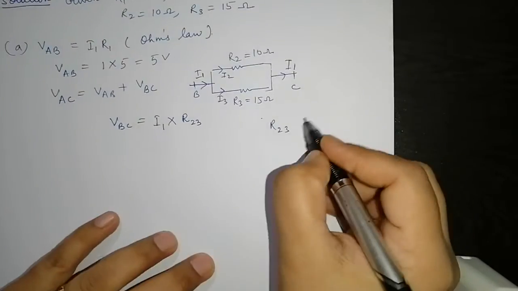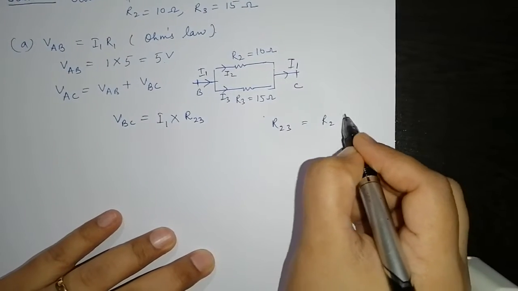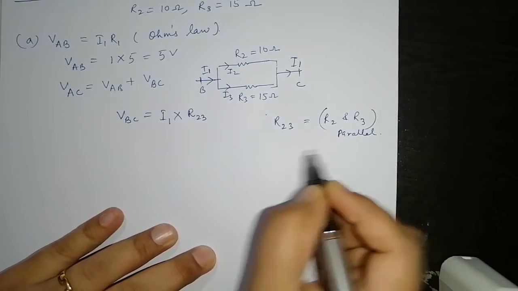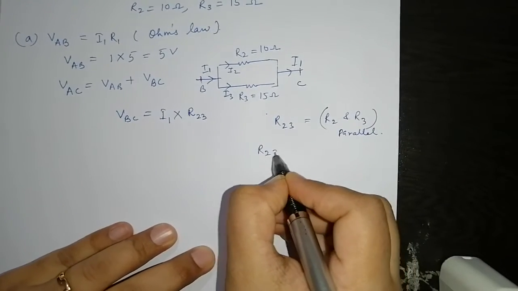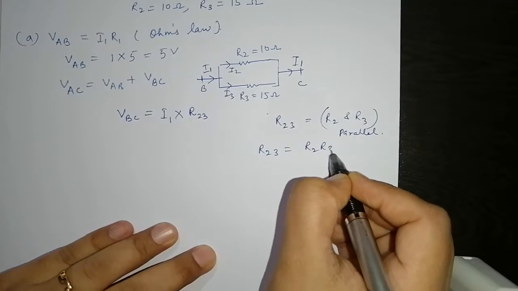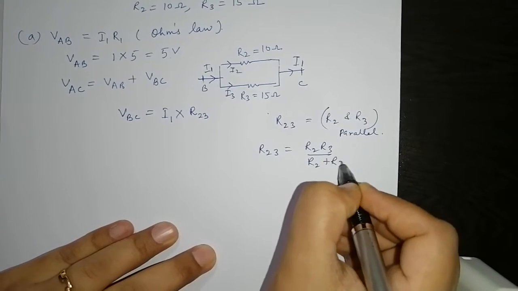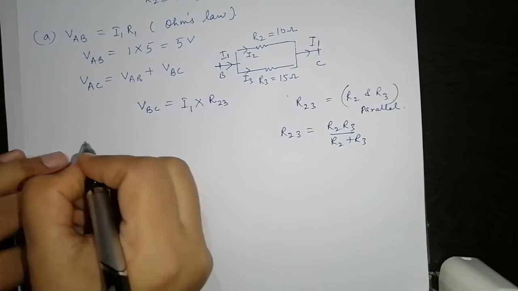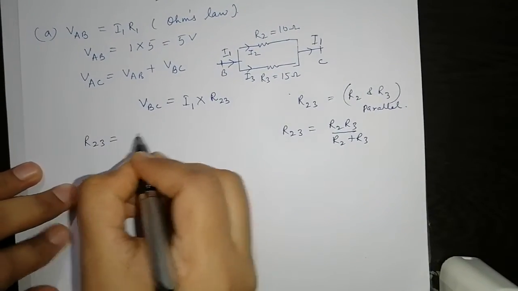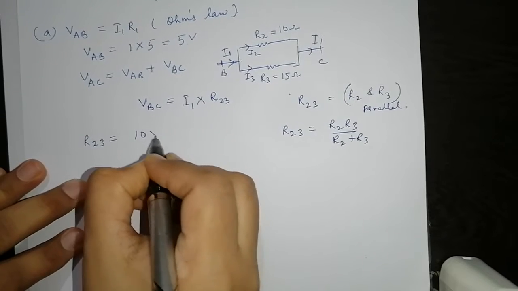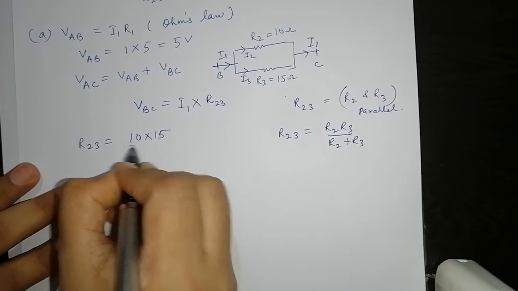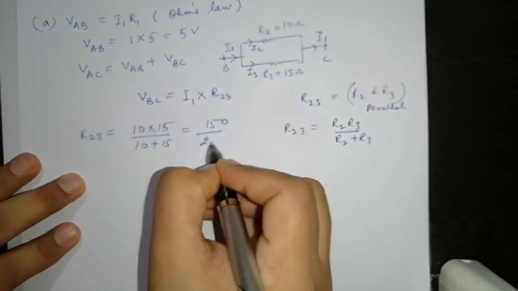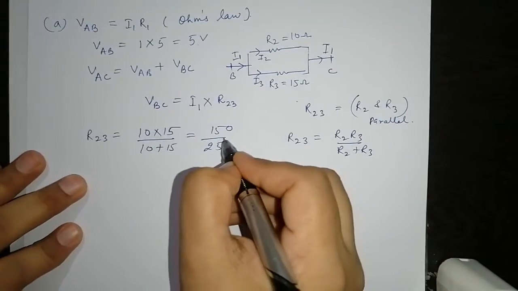Now how will we find R23? We know that R2 and R3 are connected in parallel, right? So R23 will be equal to R2 R3 upon R2 plus R3, which is 10 into 15 upon 10 plus 15, which is 150 upon 25, right?